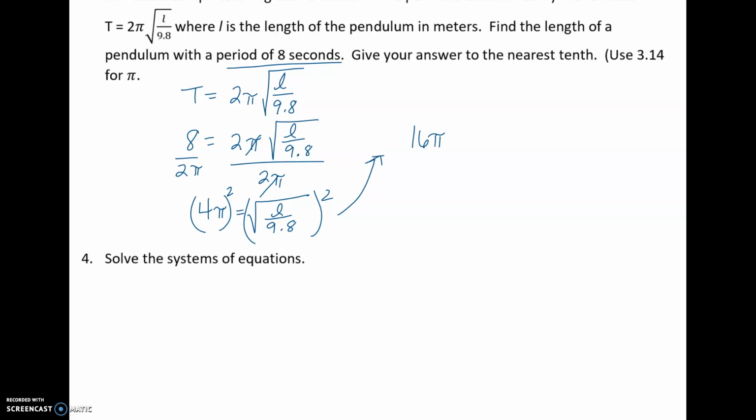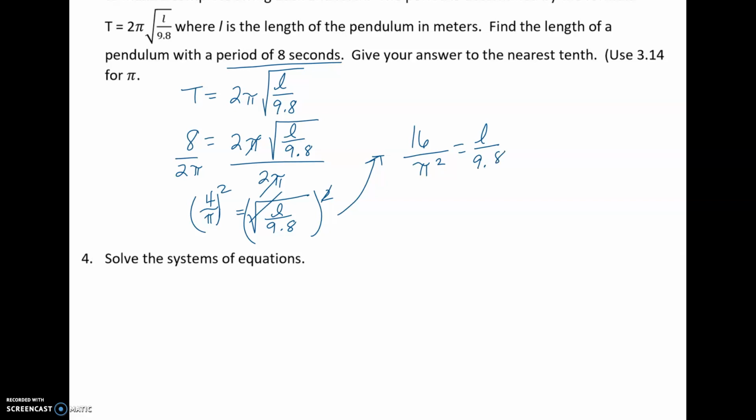I'm sorry, this should be 4 over pi, not 4 pi. To undo the radical, I'm going to square both sides. When I square that, I get 16 over pi squared equals, the squaring of a square root gives us L over 9 8/10.